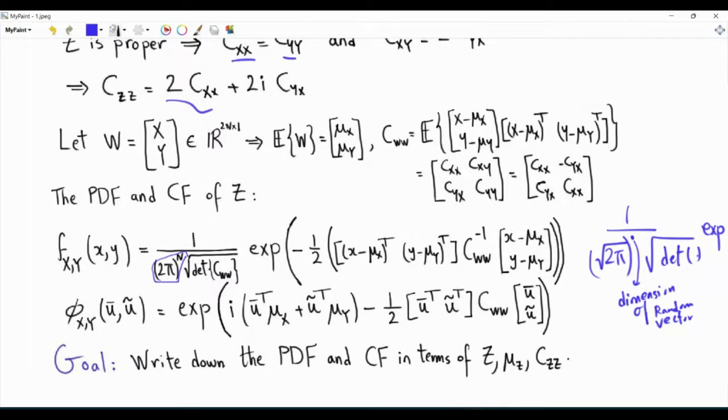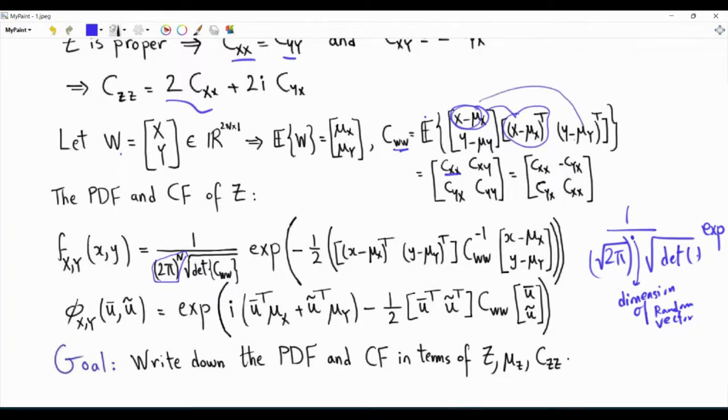And then we have a square root of the determinant of the covariance matrix of this random vector, which here is called Cww. So this will be the covariance matrix. And if we take the vector times its transpose, because this is a real valued random vector, then if we do the product, we have x minus its mean vector times x minus its mean vector transpose, apply expectation, that's Cxx.